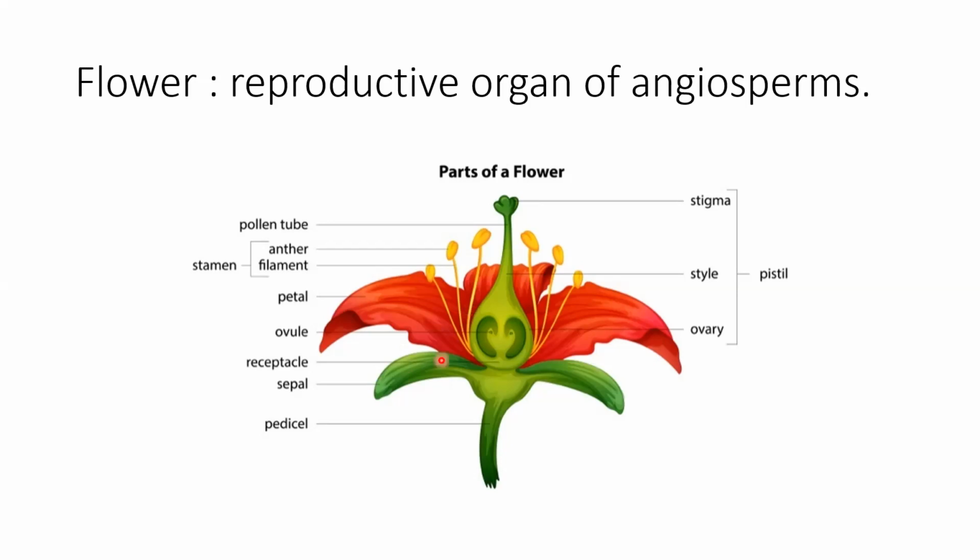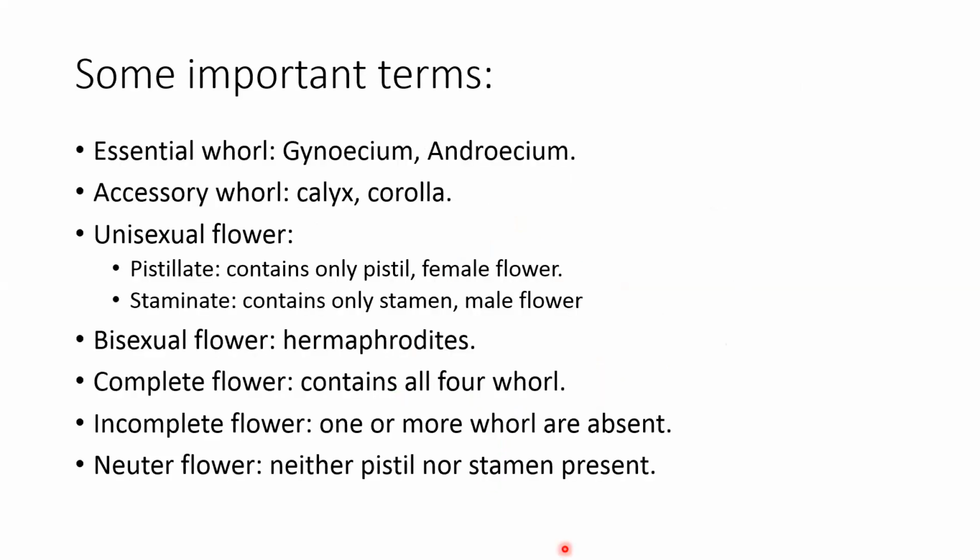When the flower is in a very young, very immature state, in bud state, these sepals protect the internal bud. Then corolla, being brightly colored, attracts the insects for cross pollination and also protects the inner whorls. So that's why they are known as accessory whorls.